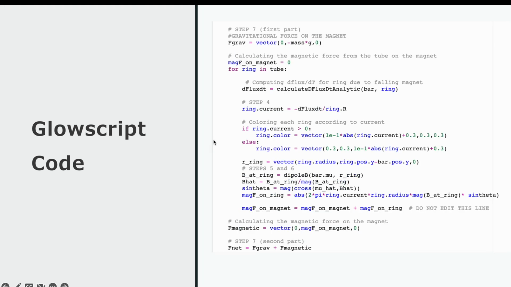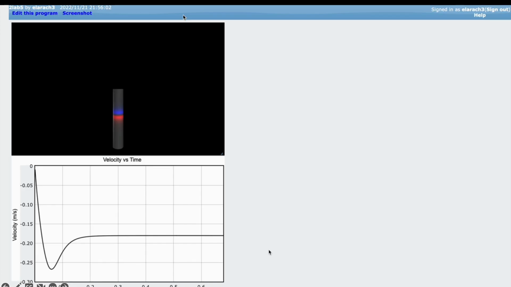Then we calculated the two forces that we are considering, the gravitational force and the magnetic force. For the magnetic force, we calculated the force on the magnet due to the tube and on the tube due to the magnet. And then for the net force, we just added these two forces. Obviously, the magnetic force will go upward because it's resisting the movement, and the gravitational force will go downwards.